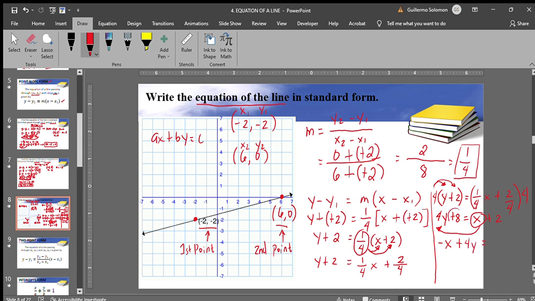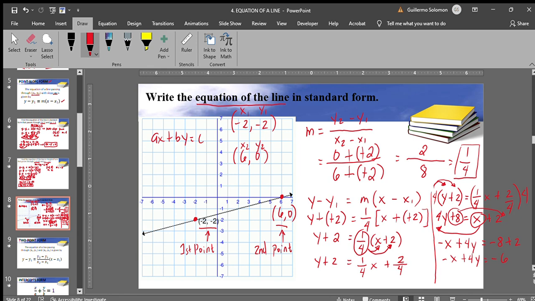O itong 8, lilipat natin siya sa right-hand side. So from positive 8, it will become negative 8. And then bring down positive 2. Okay? Next. Okay, simplify na lang natin. Negative x plus 4y is equal to negative 8 plus 2, that is negative 6.